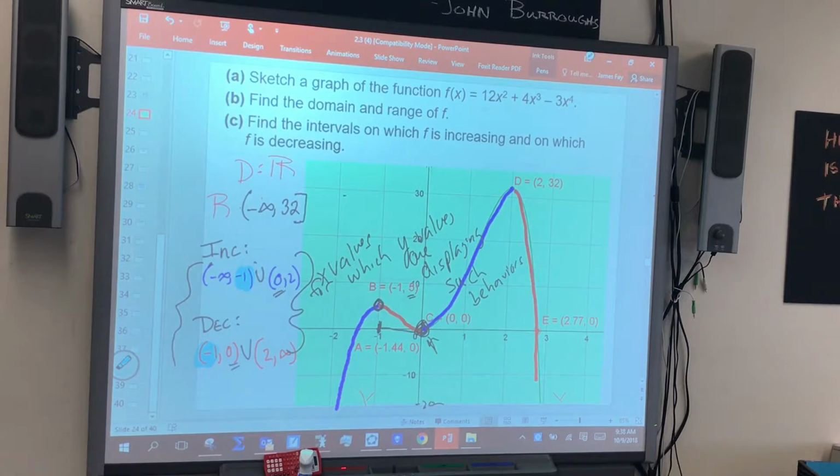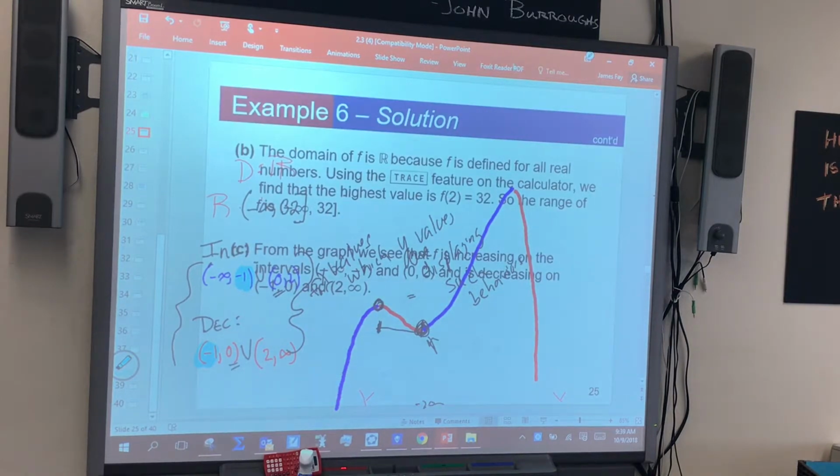There was a change in behavior of the y values. Those points with a change in behavior of y values are called maximums or minimums, okay? A lot of times collectively they're called extremums, okay? Or extreme values. So let's discuss that a little bit.